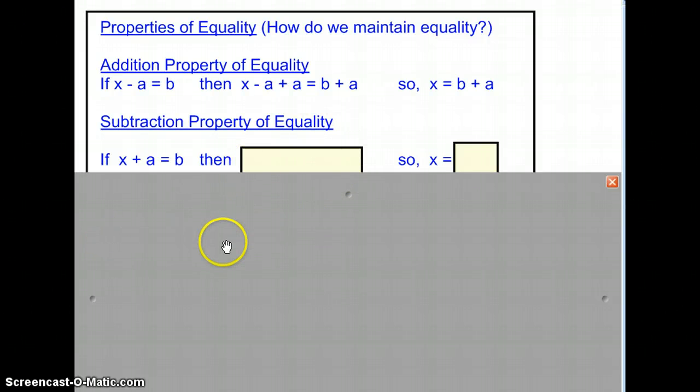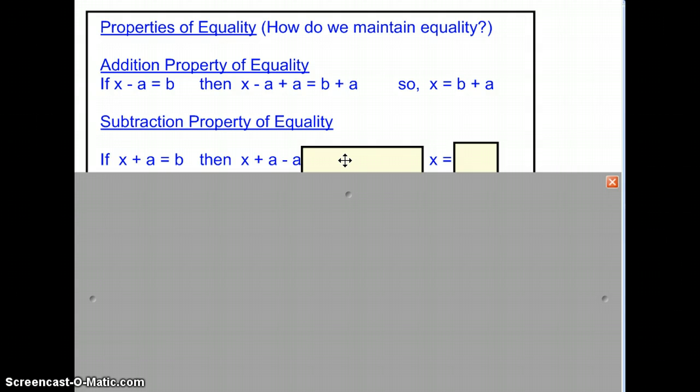Everybody try it, jot it down. We're using subtraction to isolate x. Okay, so Sophia, what subtraction will we use to isolate x? Good job, minus a.